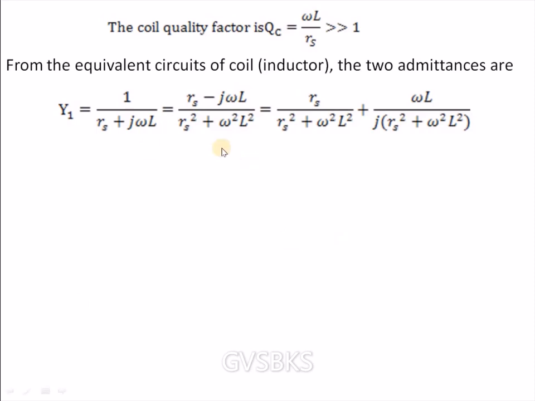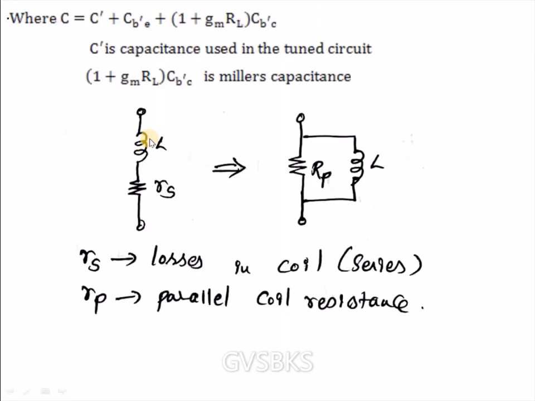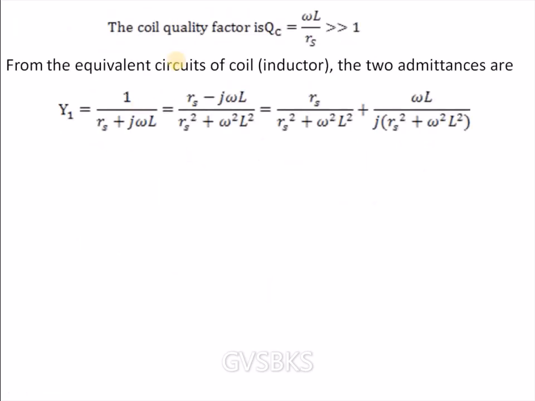So Y1 is the admittance of the series circuit, which is 1 by RS plus j omega L. As in the circuit, L and RS are in series combination, the admittance can be written as 1 by RS plus j omega L. If we multiply and divide the equation by RS minus j omega L, numerator and denominator, then the equation becomes RS minus j omega L divided by the formula A plus B into A minus B, which is A square minus B square. As j square is minus 1, that minus becomes plus here.